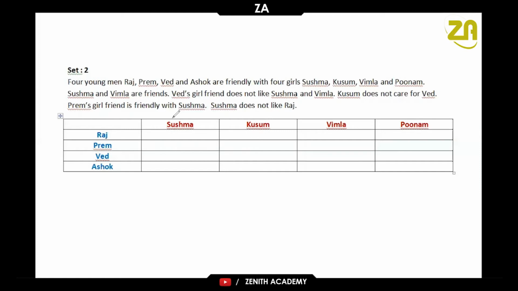As in the previous example, I suggested you take one object on one axis, another object on another axis, so you will form a grid. Look here. Here it is given that Susma and Vimla are friends.